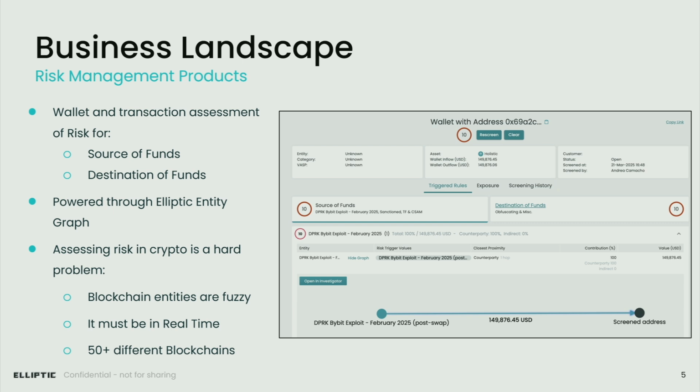So whenever we have a customer request, we have to run thousands of traversals in real time in order to provide insights to the customer, right? And on top of that, we have 50 different blockchains with different characteristics that we have to integrate into our platform, which makes this problem even harder.